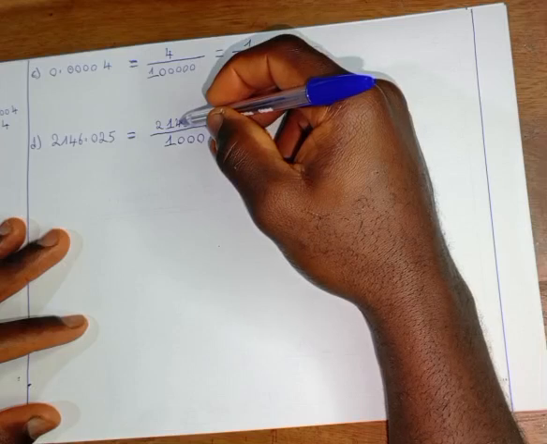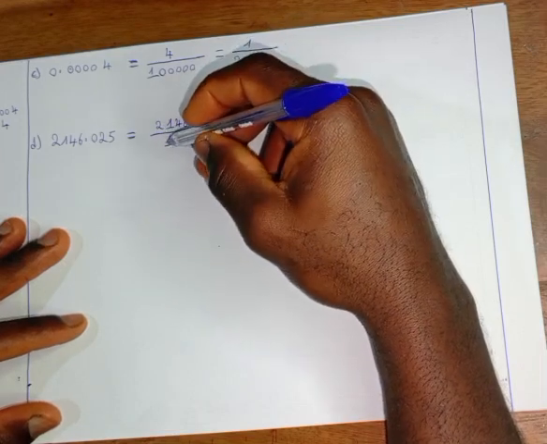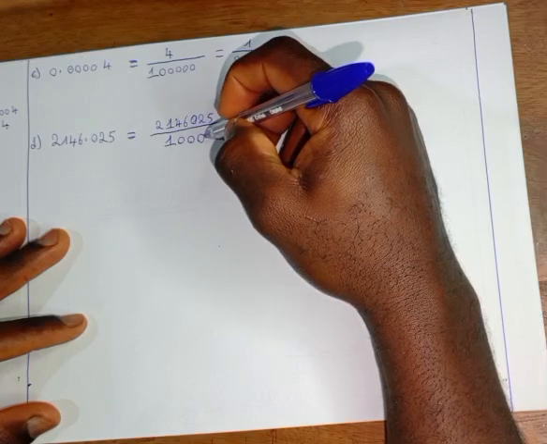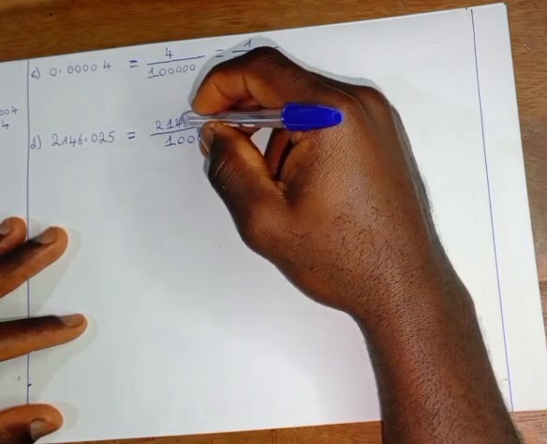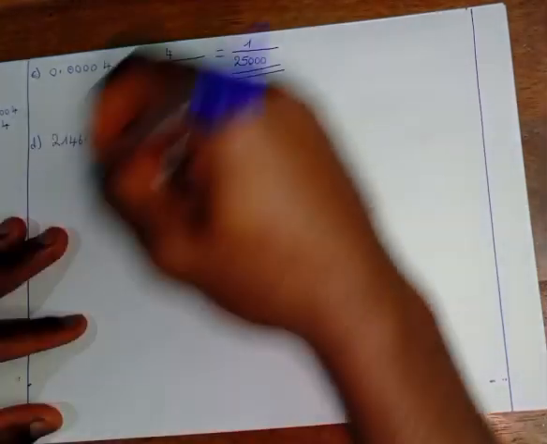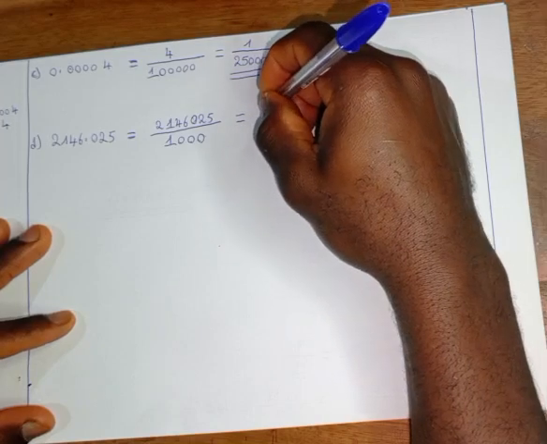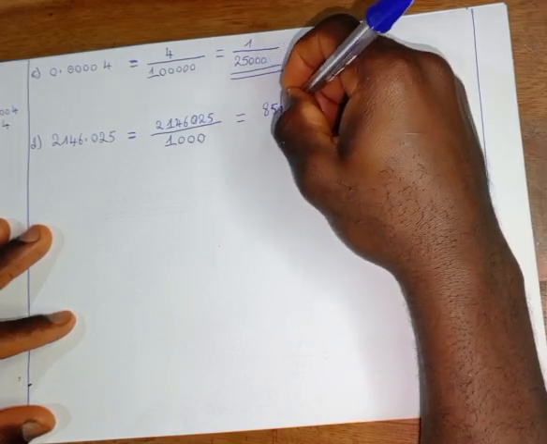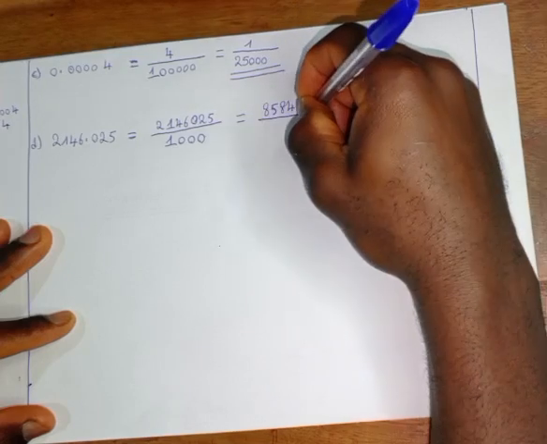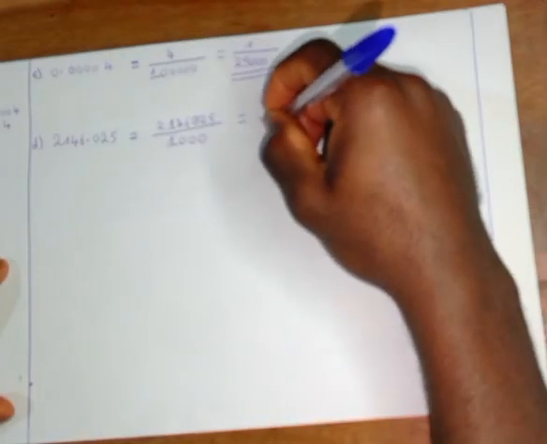The HCF of 2,146,025 and 1,000 is 25. We divide 2,146,025 by 25. It gives us 85,841 all over. Next, we divide 1,000 by 25. We are simply going to obtain 40.